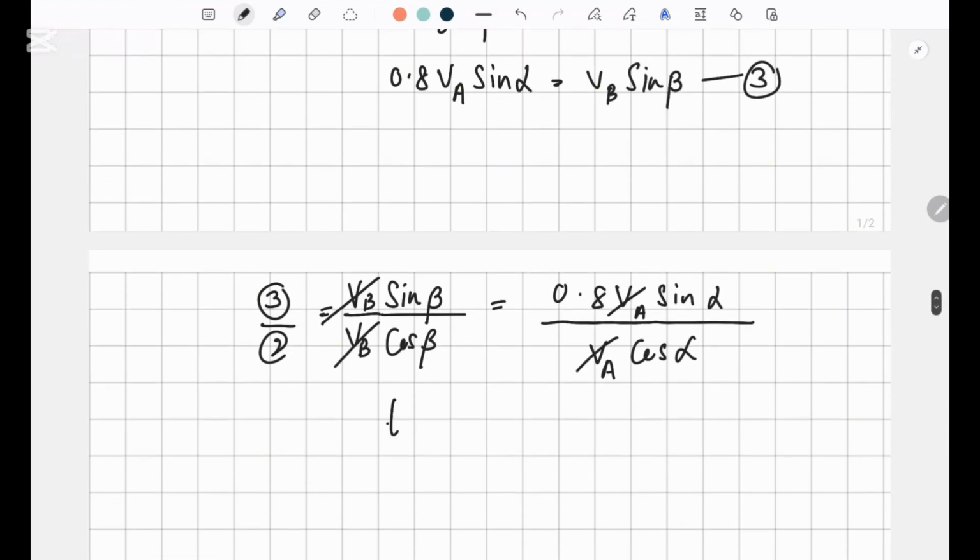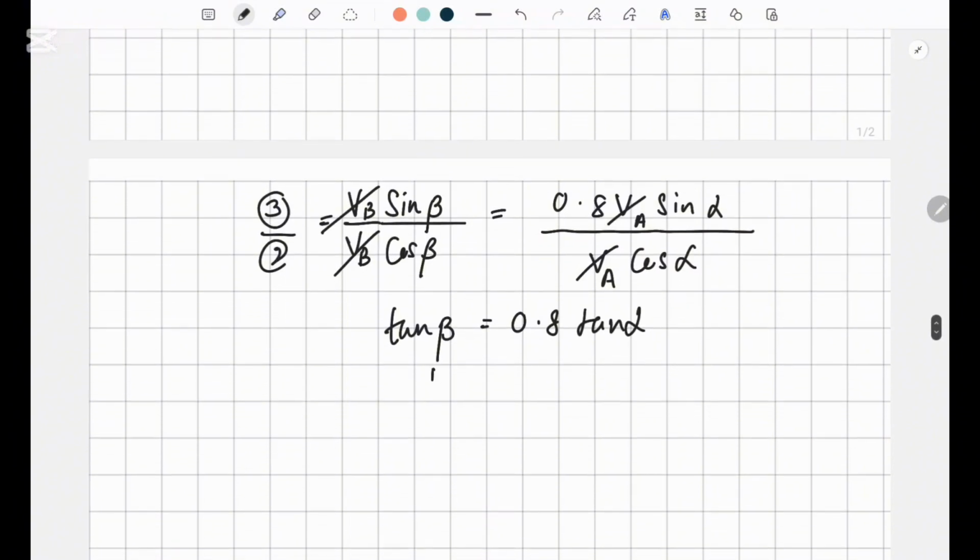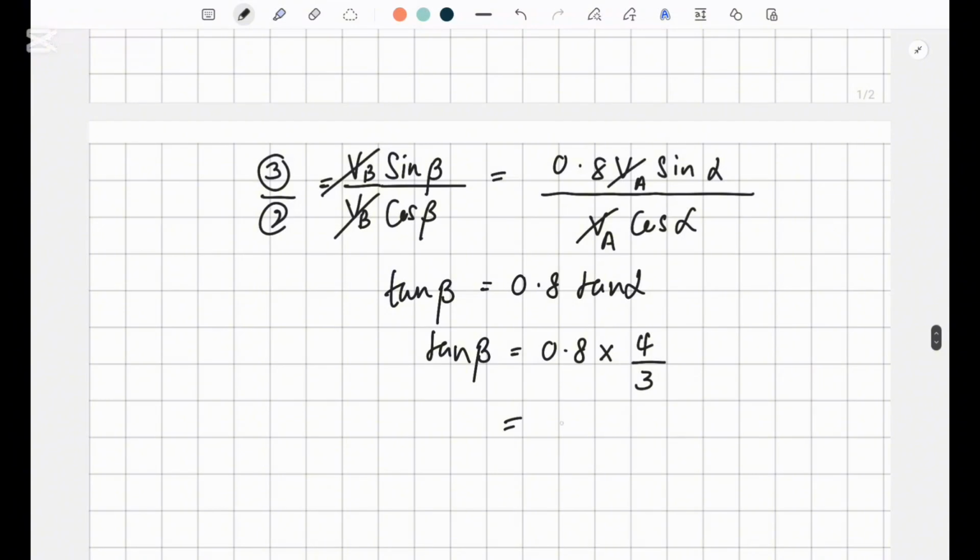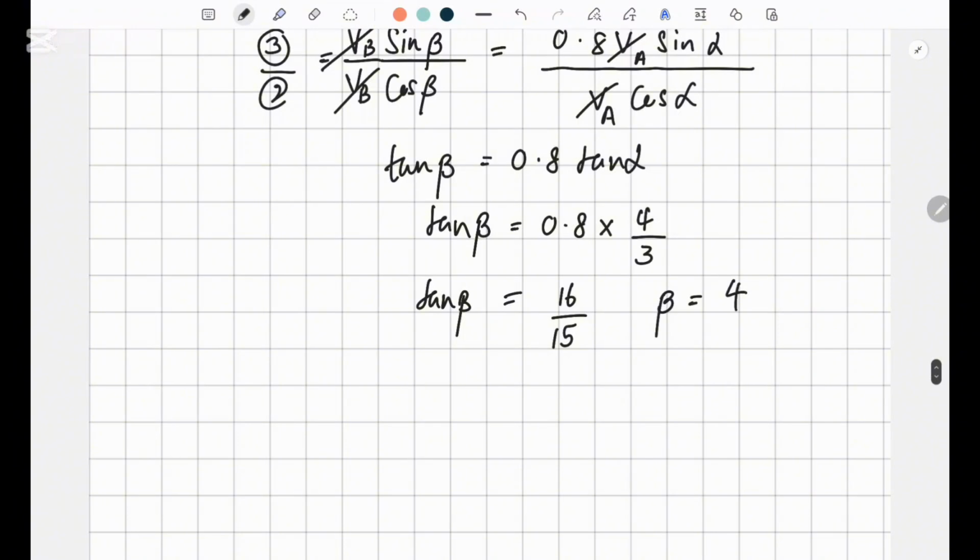So now we have tan beta equals 0.8 tan alpha. So tan beta is 0.8 into 4 over 3, giving tan beta equals 16 over 15. To find the angle beta, it's 46.8476 degrees. This is your angle beta.